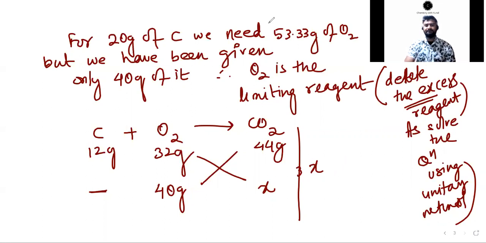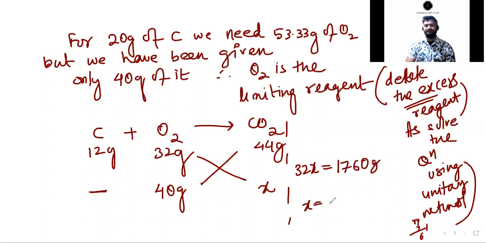So you'll get the answer as 32x is equal to 44 into 40, which is 1760. So X will come out to be 1760 by 32. This is the mass.